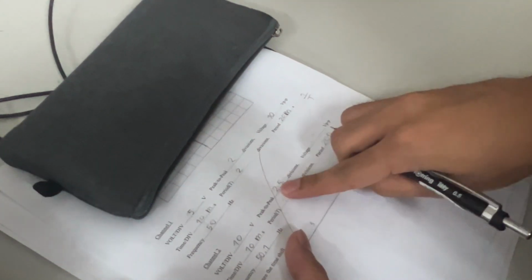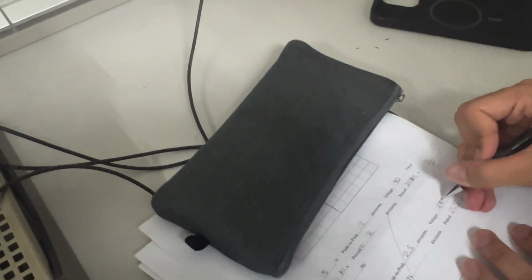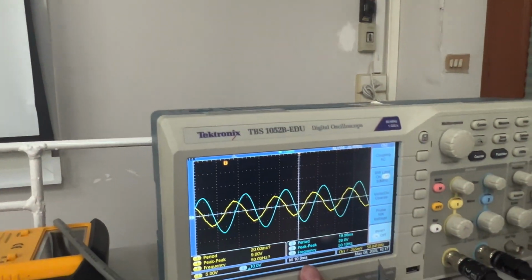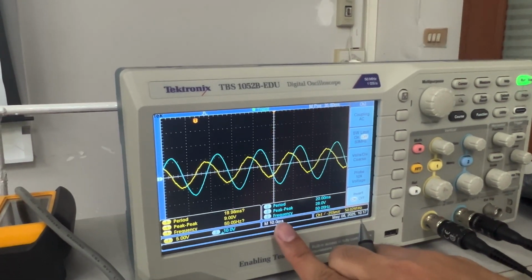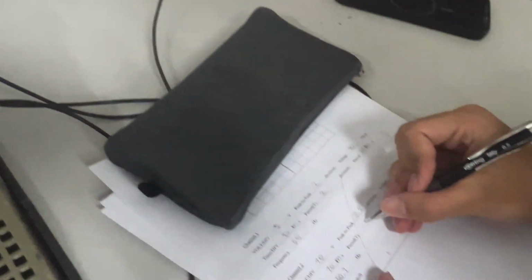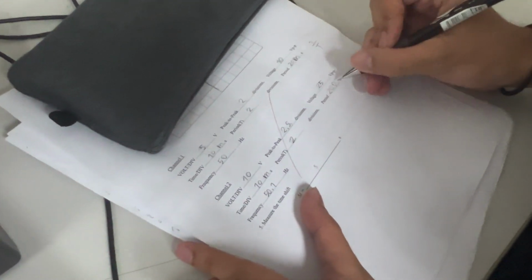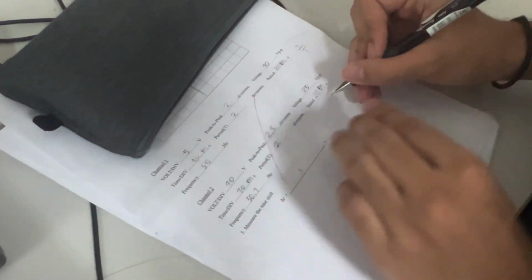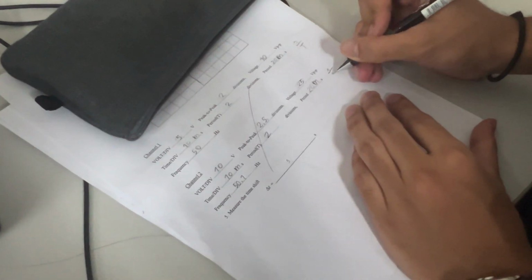So we multiply, we get 25. Now the computation is the same, 10 millisecond, and the period is 2 divisions. So we do that, and then we got 20 millisecond, and the hertz counts the same.